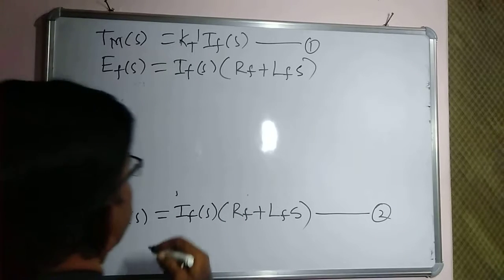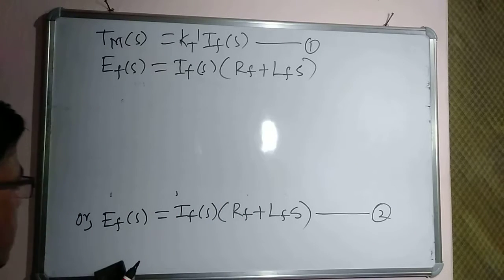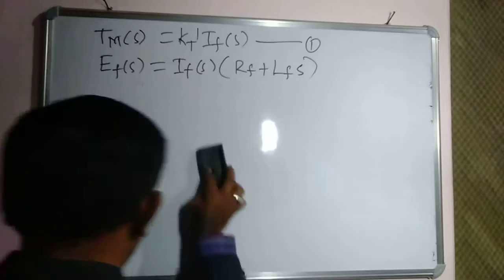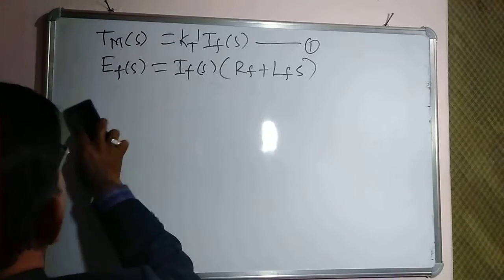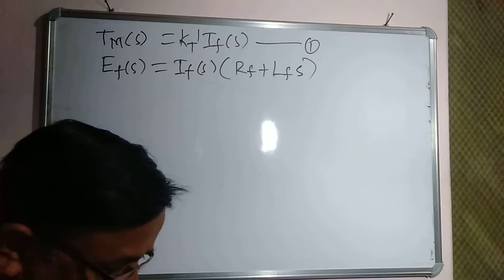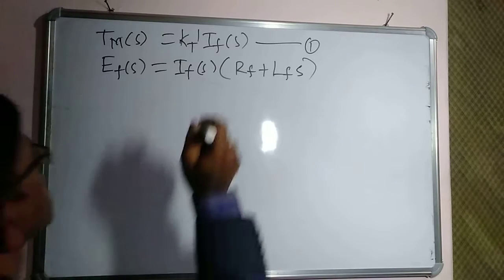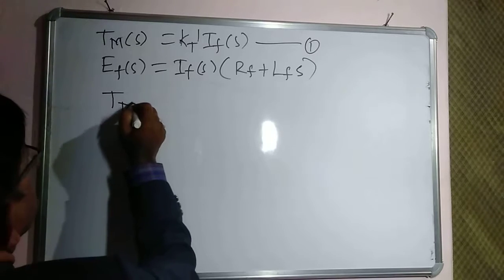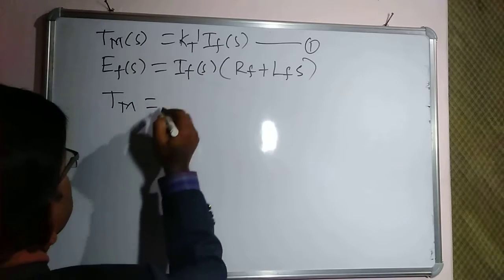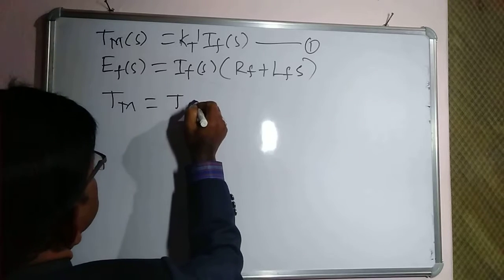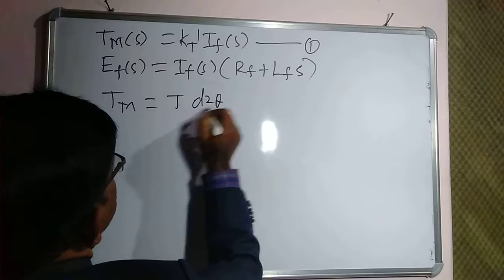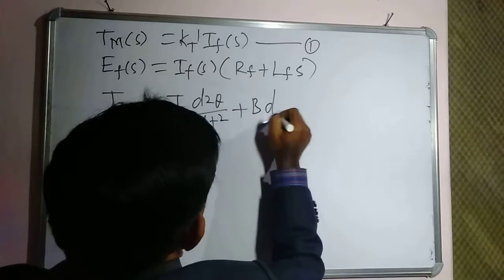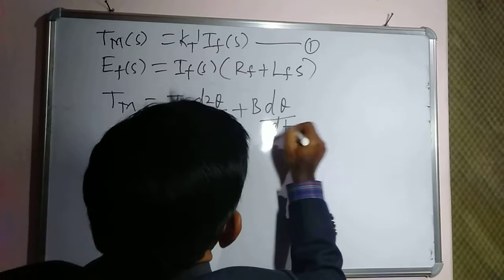So now we can find out the motor equation, that is Tm is equal to J d square theta by dt square plus B d theta by dt.